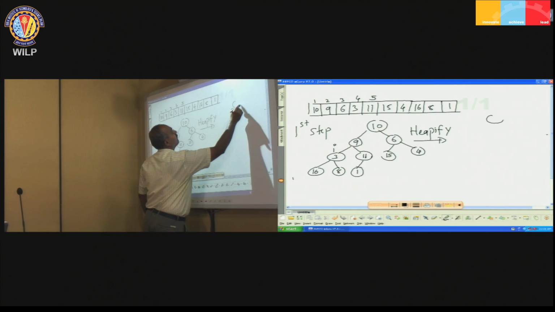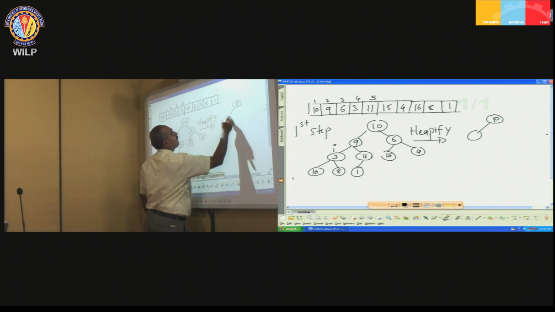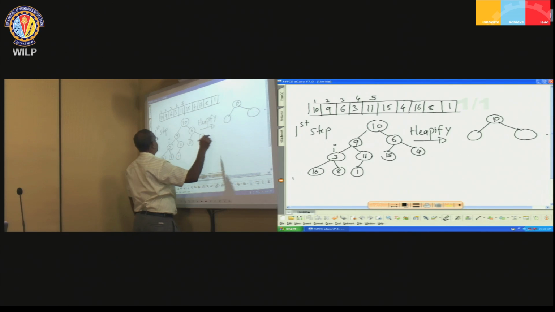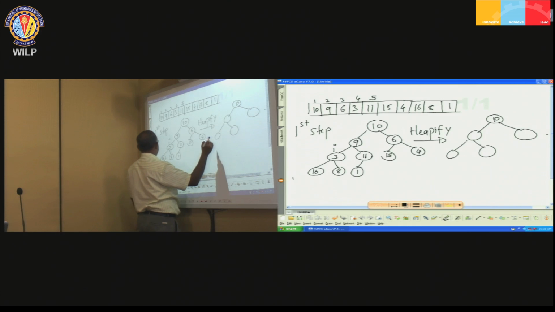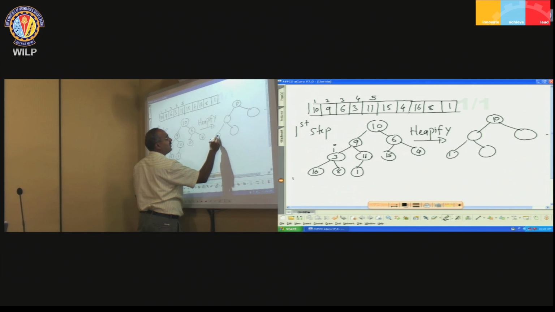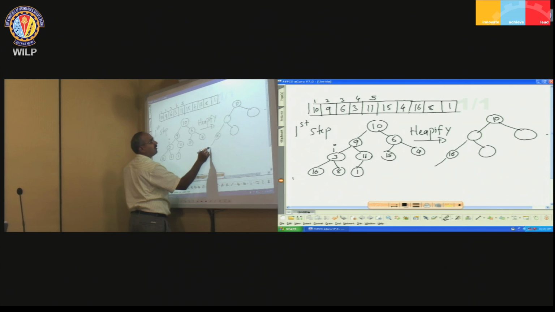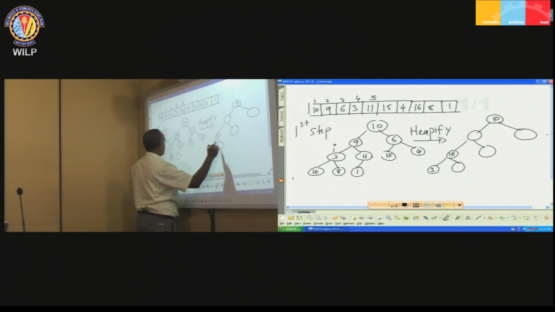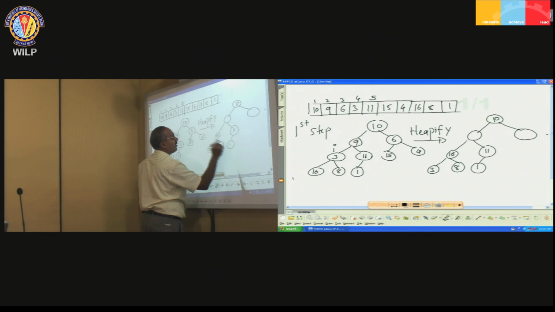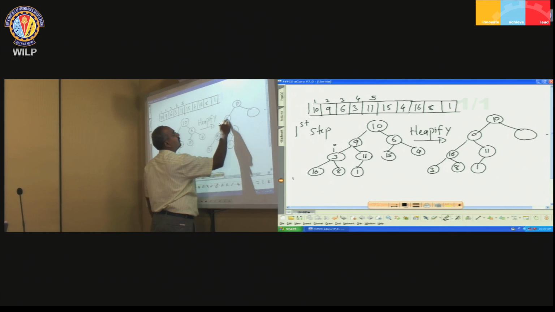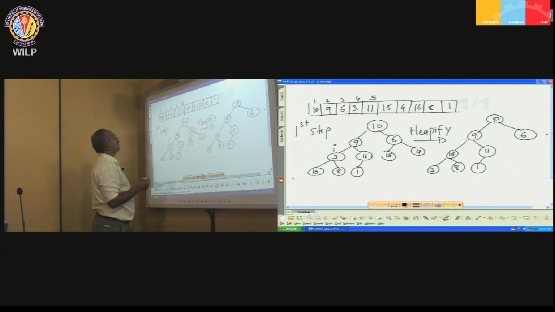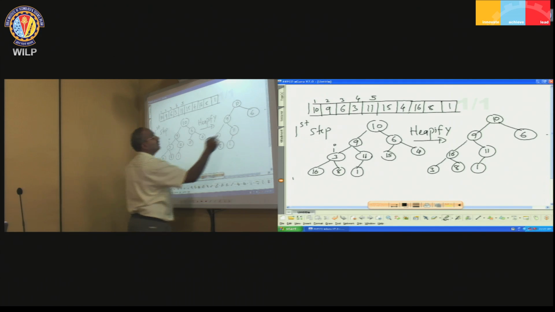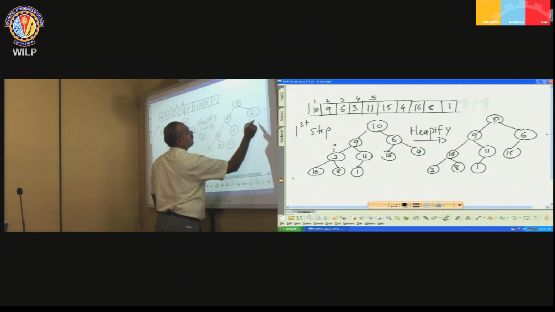So, I will have 10, let me put this. Instead of 3 I will get 16 here, and you will get 3 and 8, this is going to be 11, 1, whatever, 9, 6, 15 and 4.